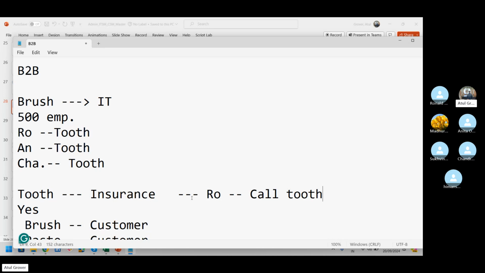What will be the first question asked by the agent of the Tooth company? What do you think? Let's say the agent is Sukhvinder. They'll pick up that customer care call and say, hello sir, how are you? Now what will be the next question he will ask Ronald? May I know which company you're calling from?